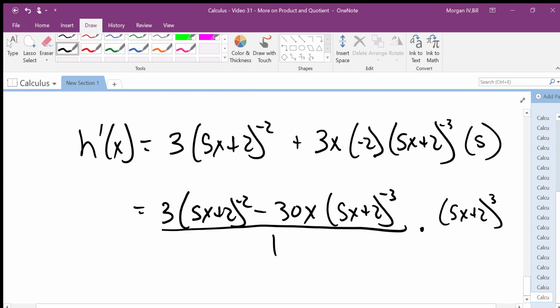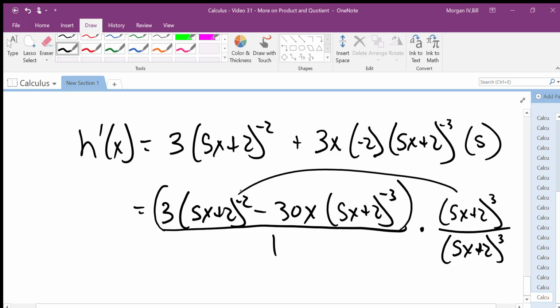We have a negative 2, we have a negative 3, so we'll do the 3, since it's the most negative. Instead of 5x plus 2 to the negative third, we'll multiply by 5x plus 2 to the positive third, top and bottom, like that. Because you have a minus sign in the middle here, this gets distributed to both.